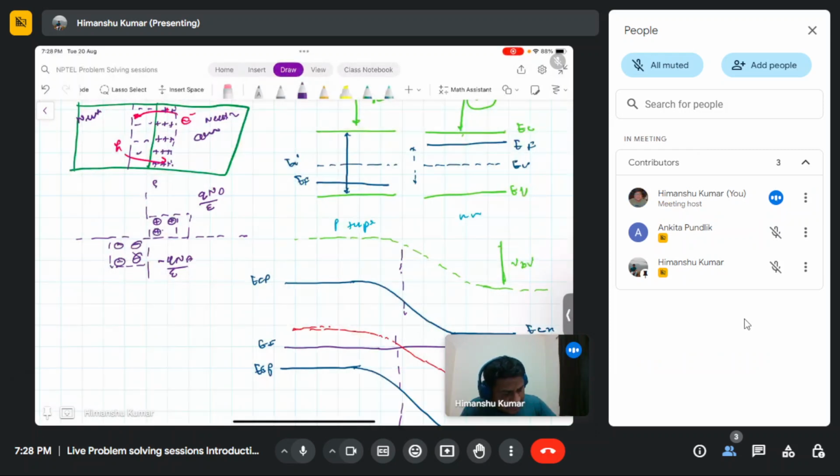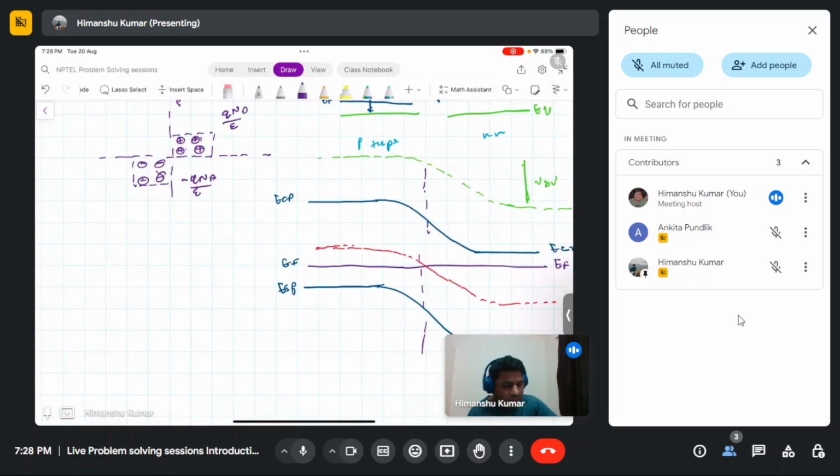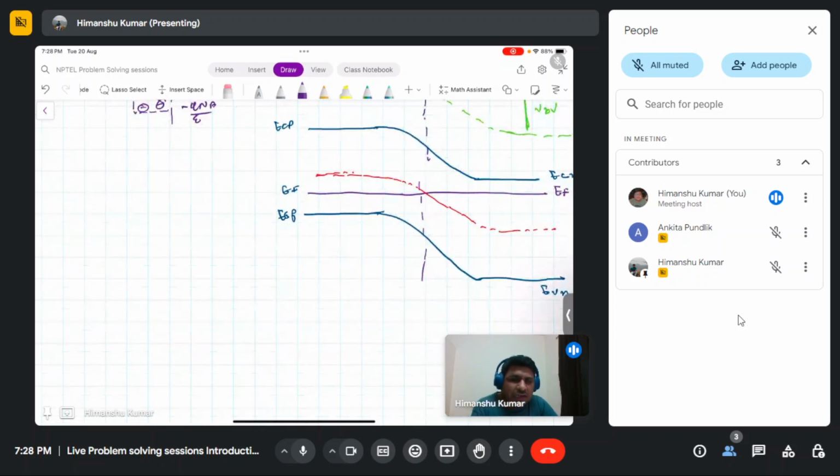Now, based on the charge, you can calculate the electric field. If you apply Gauss's law from electromagnetic field theory, the integral of E dot dS equals rho_v by epsilon.